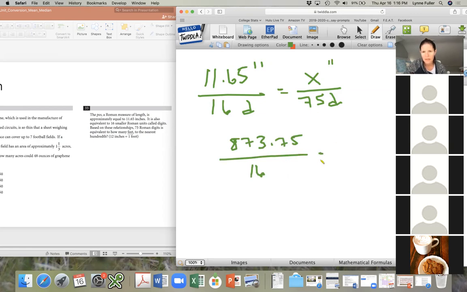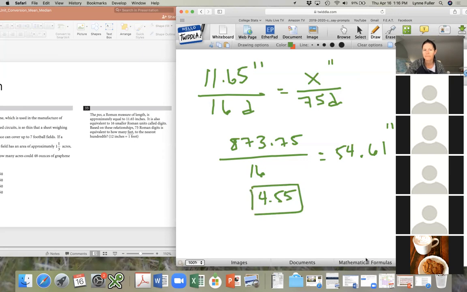So that would be 54.61 inches, but they would like the answer in feet. And I'm always inclined to circle what I'm looking for and make sure that I'm not just immediately writing down my answer for inches, that I would then go and divide by 12, which would get me feet. So it would be 4.55 feet. And they said to the nearest hundredth. So I took that out to my second decimal point.